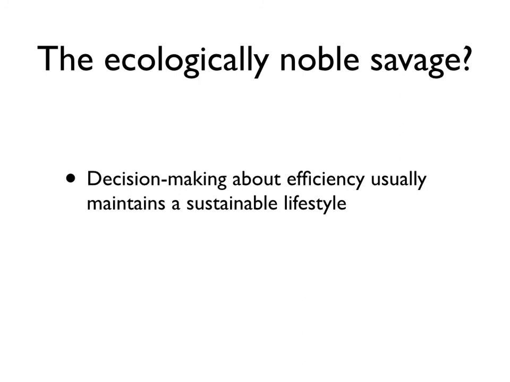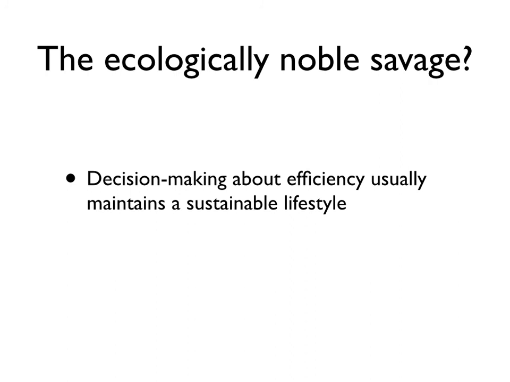among members of these groups about how to extract resources usually means extracting fewer resources than the environment has to offer. And that's because individuals are acting efficiently. If you live in a foraging society, you have little storage, you don't have refrigerators, so you can't preserve food for very long, so it doesn't make sense to collect more than you need.